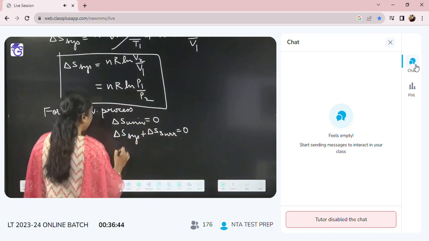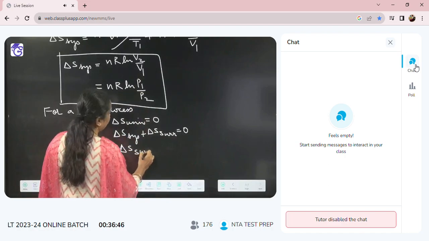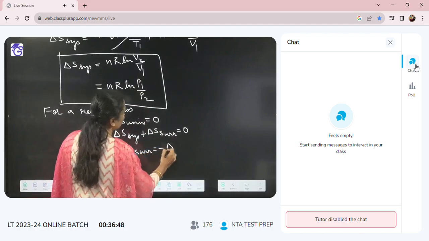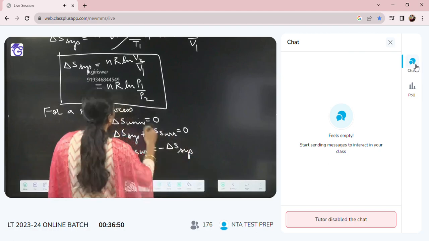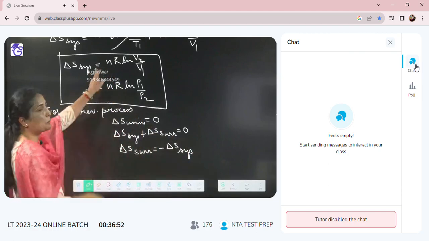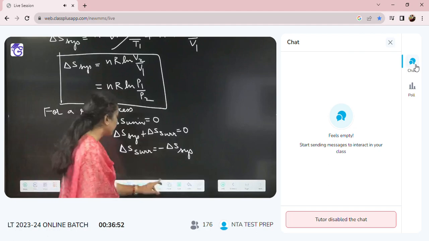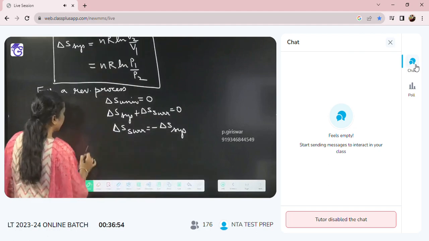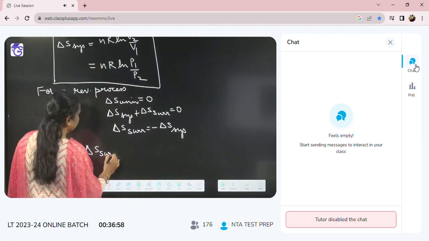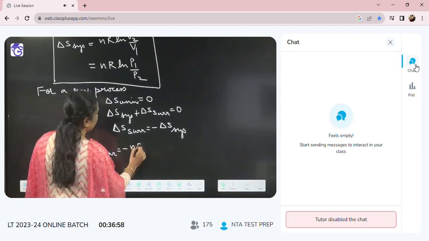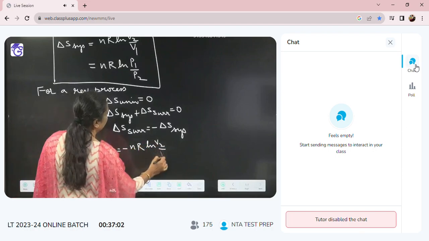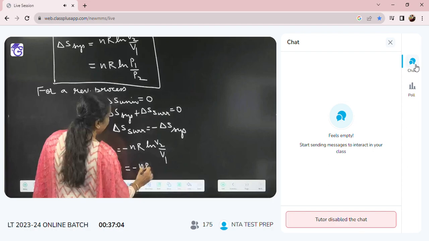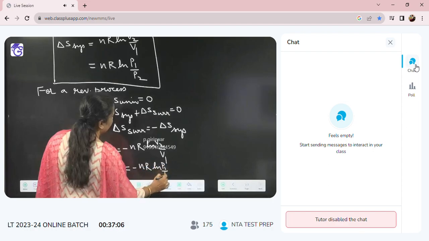That means delta S surrounding is equal to minus of delta S system. So the formula will be the same, only put a minus sign over there. So delta S surrounding is minus nR ln V2 by V1 or minus nR ln P1 by P2.